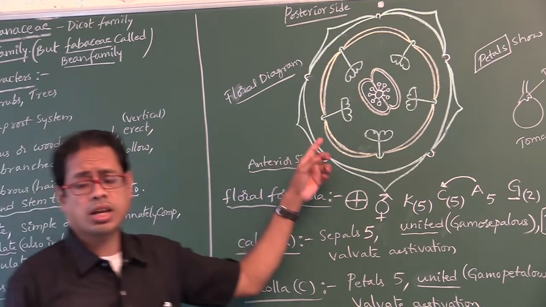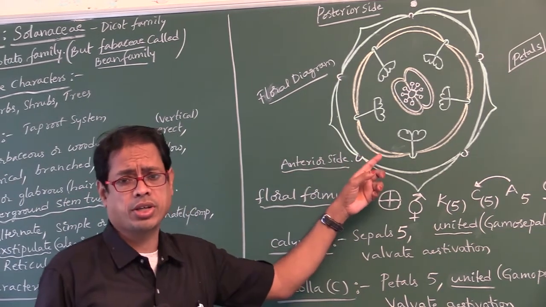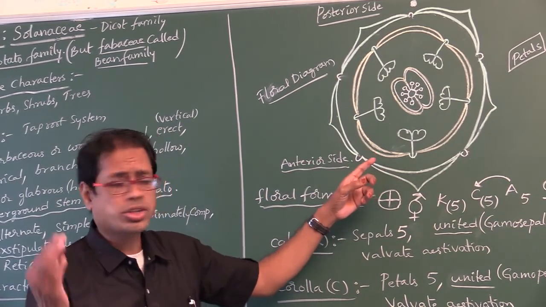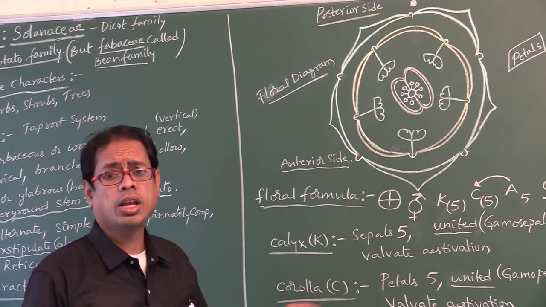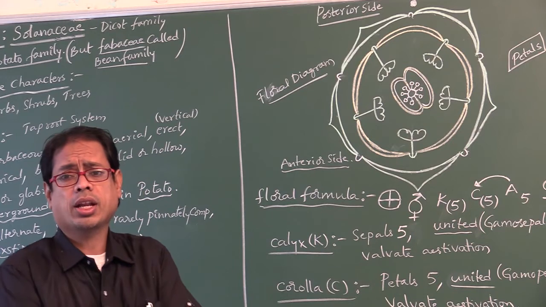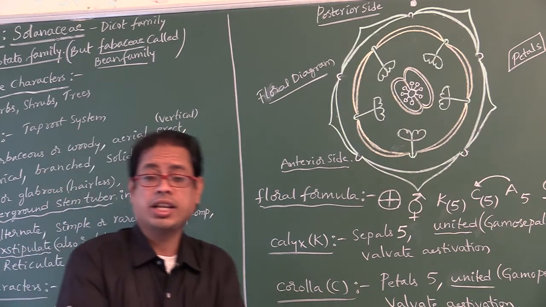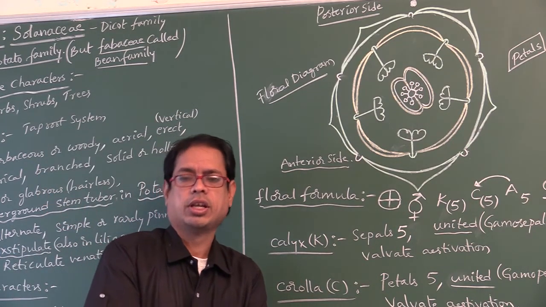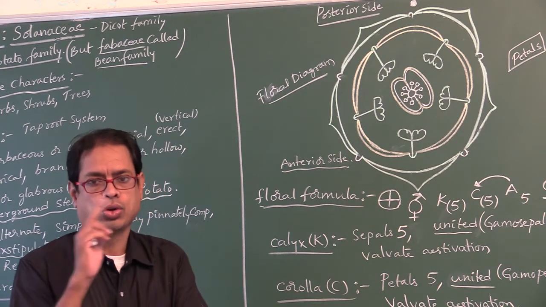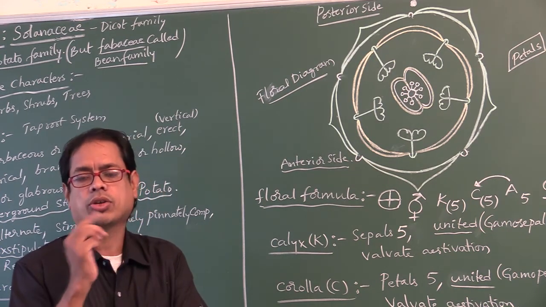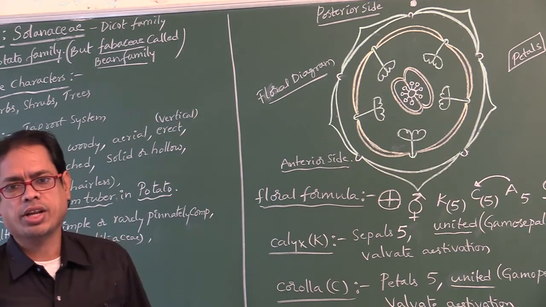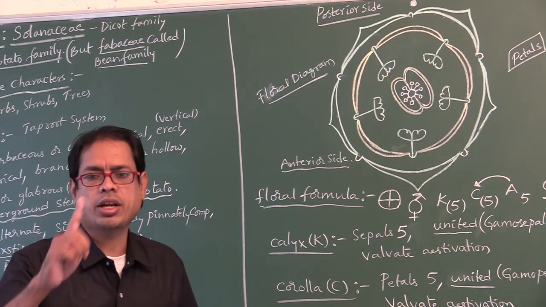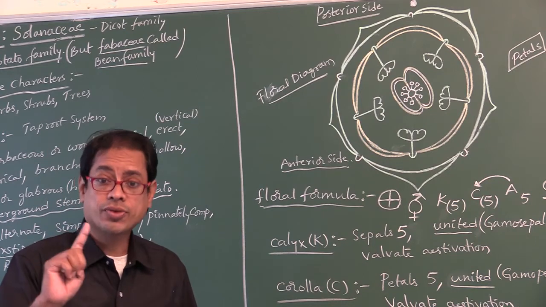How many stamens are there? 5 stamens are present. These stamens are attached to petals. Stamens attached to petals is called epipetalous. Epipetalous is found in which family? That is the Solanaceae family. Number of carpels, 2 carpels. Bilocular, bicarpellary. What type of placentation? Axial placentation, but the central part is somewhat swollen.